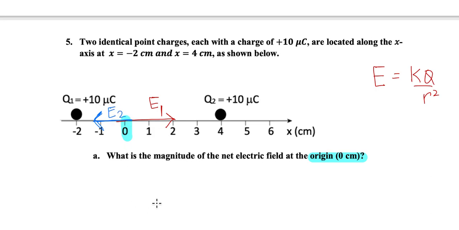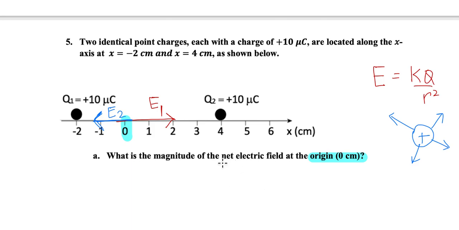So we can see that E2 is pointing to the left and E1 is pointing to the right. So again, how did I draw the electric field vectors? By looking at the charges. Both the charges are positive, so the electric field for both of them should be away from them. For a positive charge, electric field lines point outwards, or away from the charge.